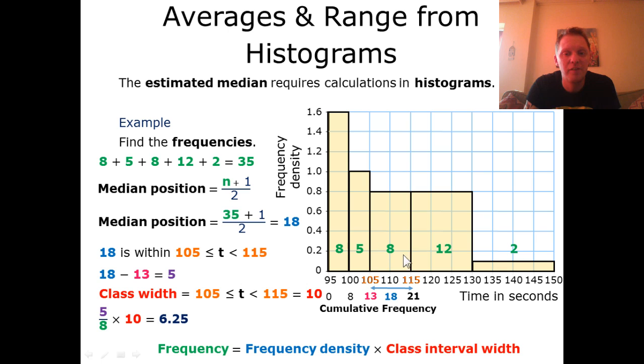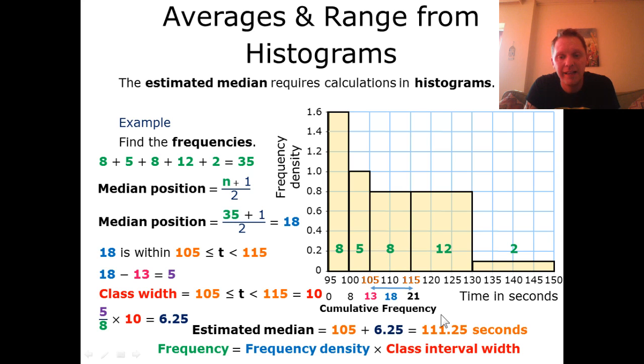That's because within this frequency, I'm looking for 5 eighths within this time interval of 10 seconds. So that gives me 6.25 seconds. Adding that to my 105, that gives me 111.25 seconds, and that is my estimated median.